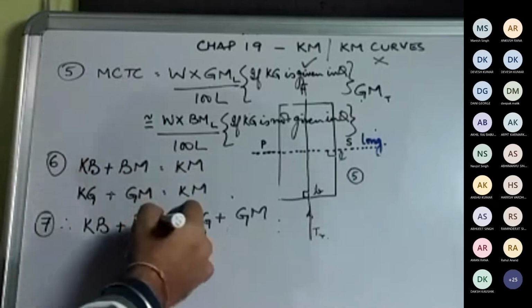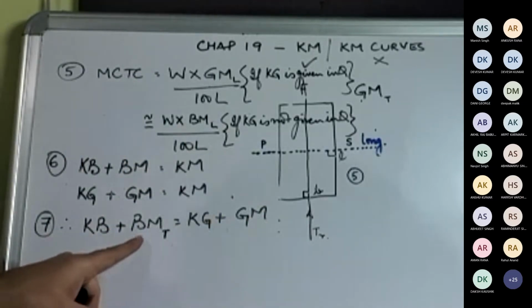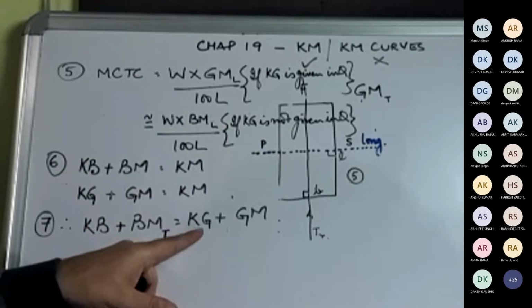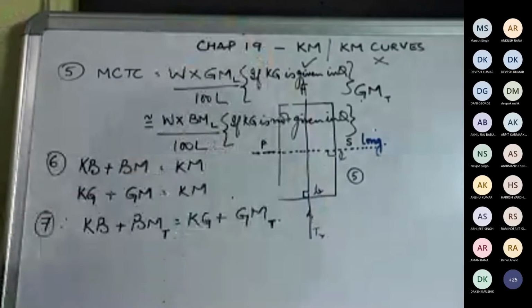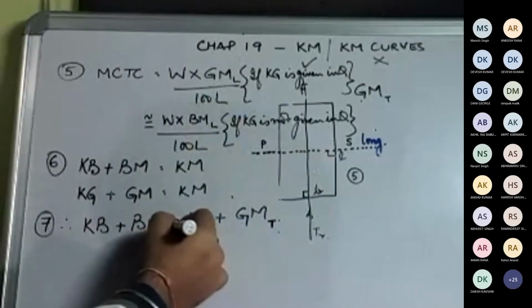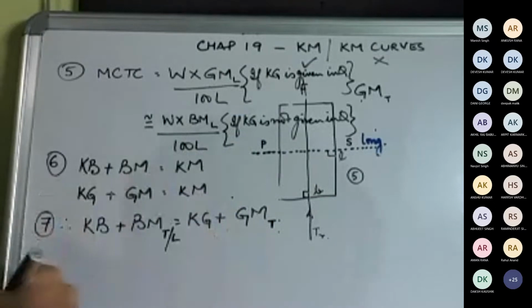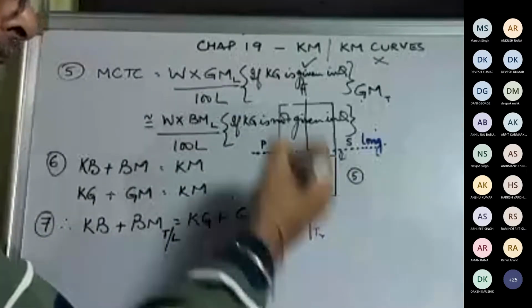If I'm talking about transverse, then KB plus BMT is equal to KG plus GMT. Supposing I'm talking about longitudinal, then KB plus BML is equal to KG plus GML.